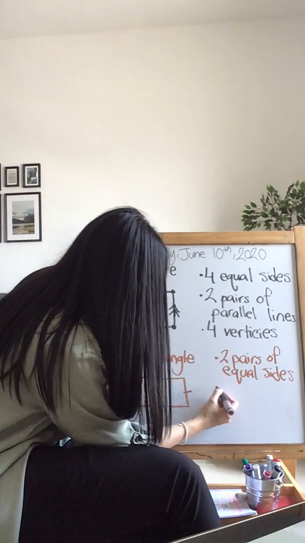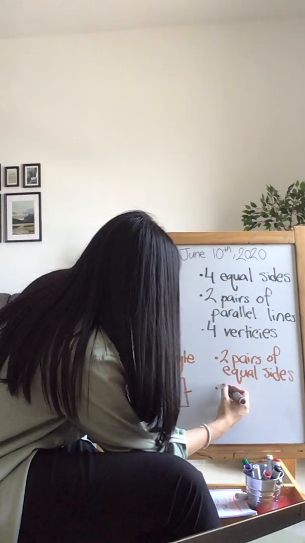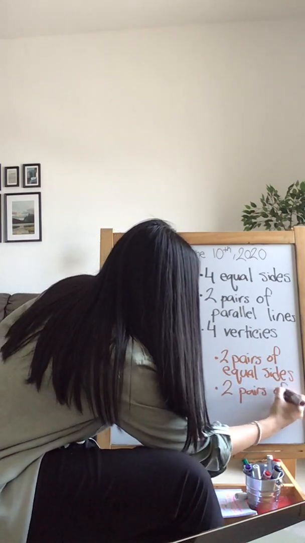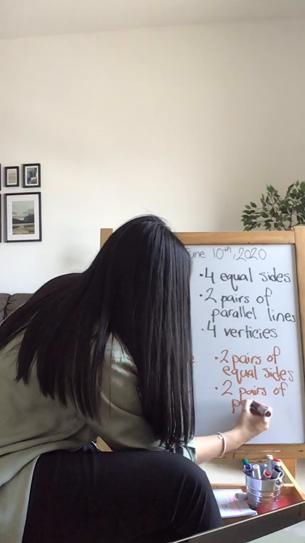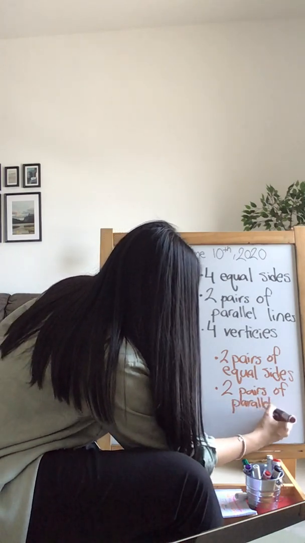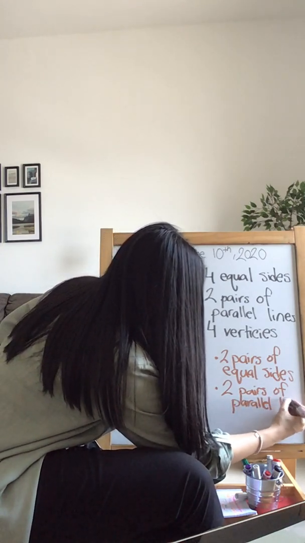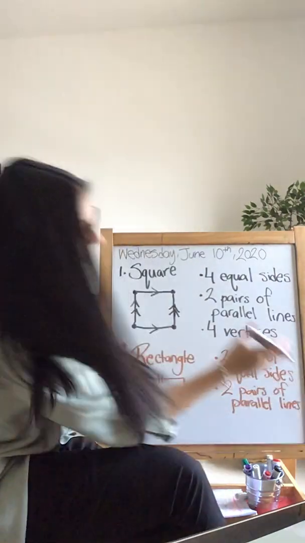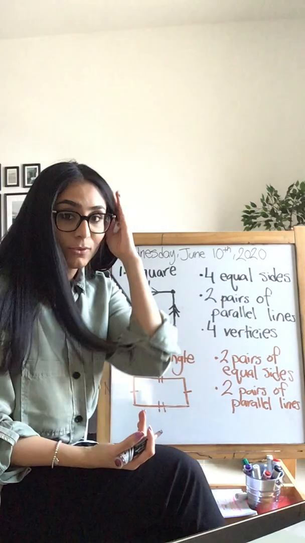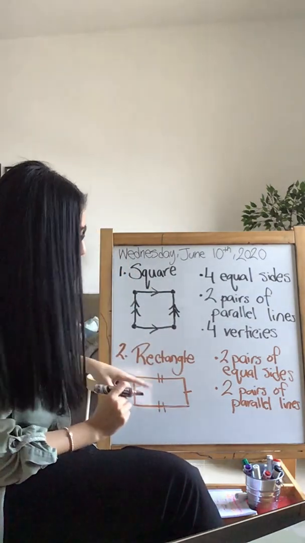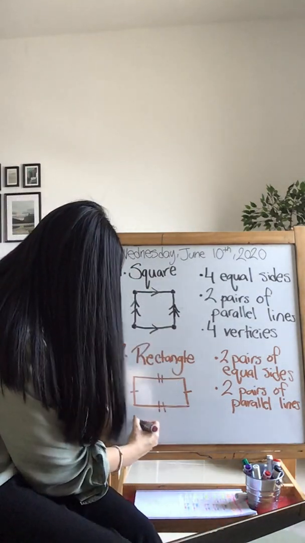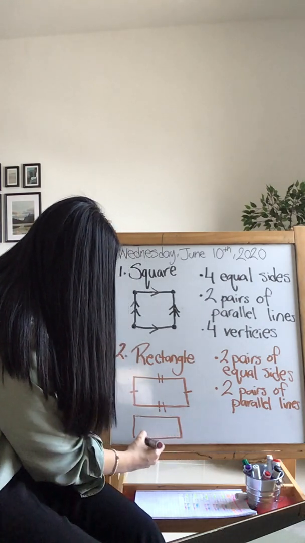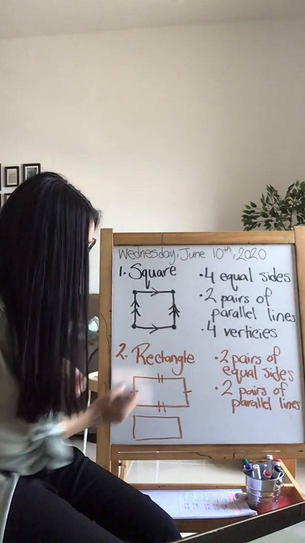Okay, let's keep going. We also know that there are 2 pairs of parallel lines. And I'm sorry again if it's not straight. I'm writing on an angle, so it bugs me more than it probably bugs you, but I'm trying. Maybe I'll draw another shape so you know what I mean about the arrows. In a rectangle, if I want to show parallel lines, I don't draw hatch marks anymore.